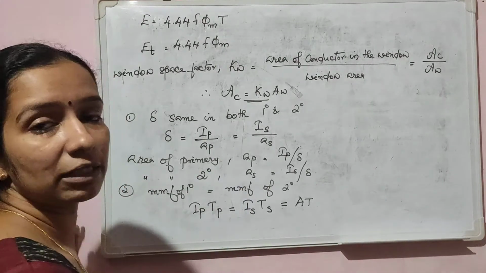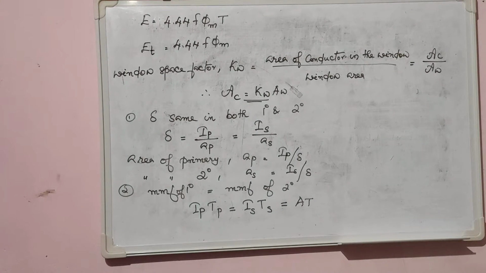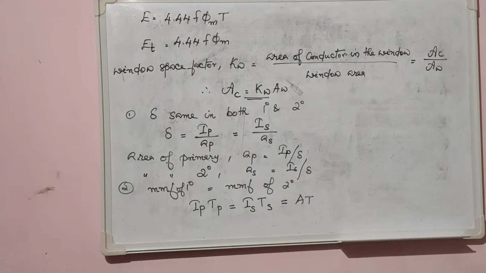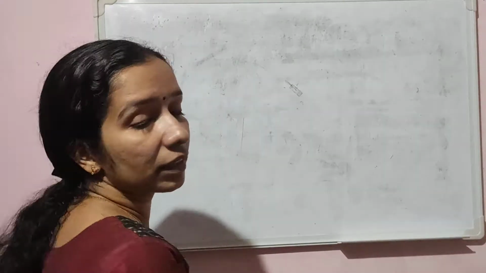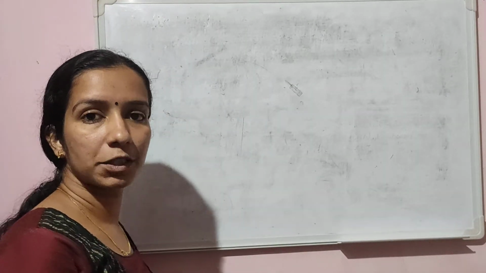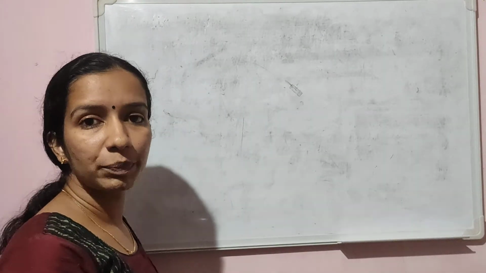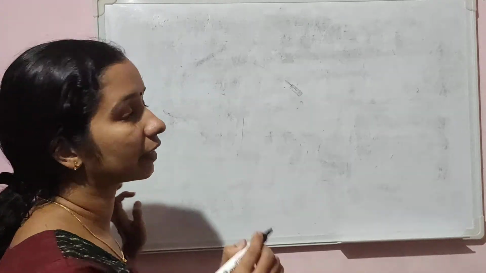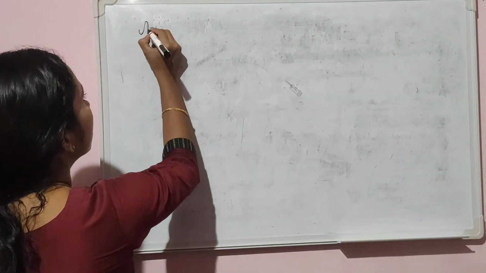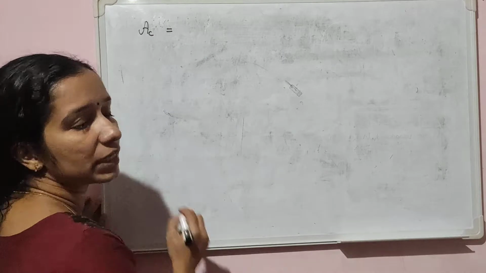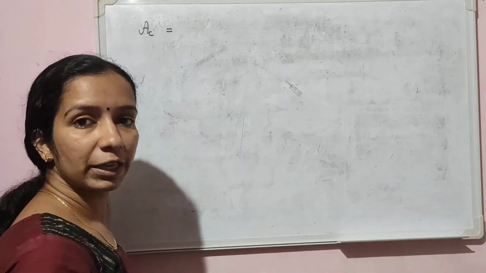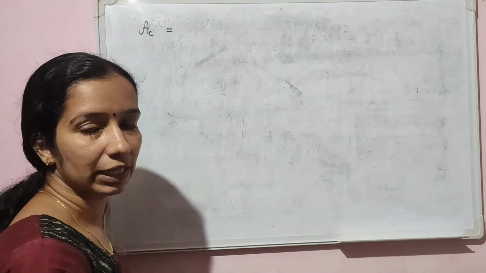So now let us calculate the area of conductor in the window. We have already seen that the window in case of a single phase transformer consists of one primary winding and one secondary winding. So area of conductor in the window is equal to area of primary winding plus area of secondary winding.